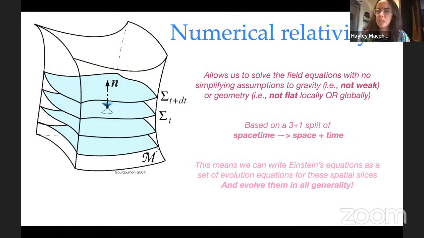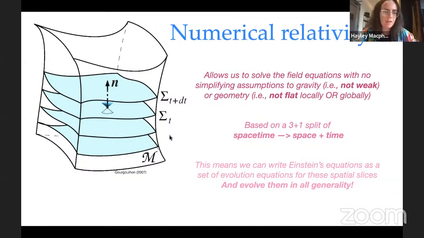So numerical relativity is a computational method that allows us to solve Einstein's field equations with no simplifying assumptions for gravity, so no weak fields, or any assumptions for geometry. And so there's no assumptions of any kind of flat space-time. And this is based on a 3+1 split of our 4-dimensional space-time into a 3-dimensional space and 1-dimensional time component. And that's illustrated on this figure on the left-hand side, where we've removed a dimension so that we can draw it.